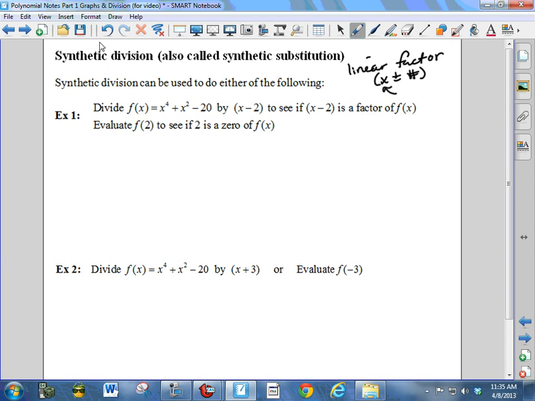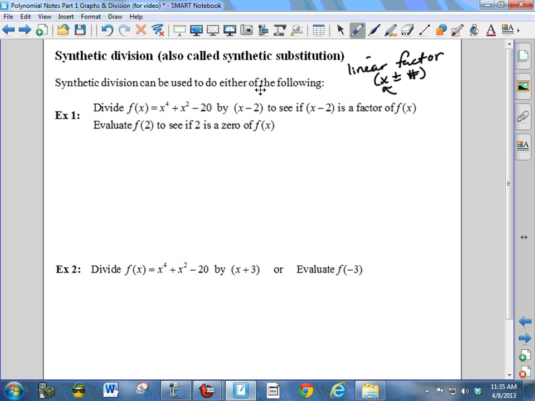Now, it's called synthetic division or synthetic substitution because it actually has two purposes. We can divide by a linear factor, or we can evaluate a number, and you'll see that we end up with the same thing. So first of all, let's look at the example here.